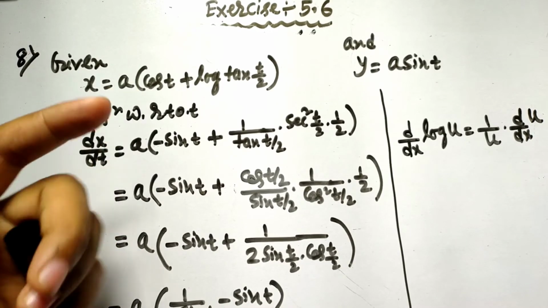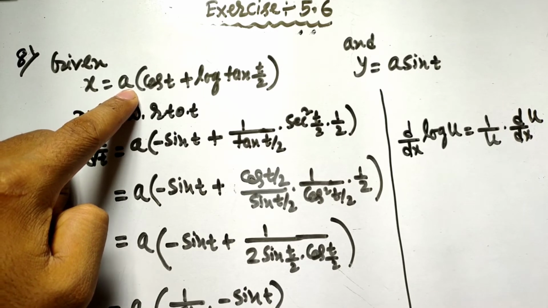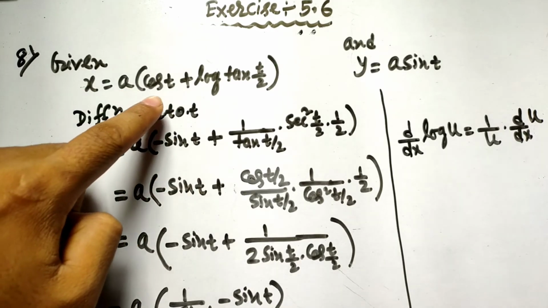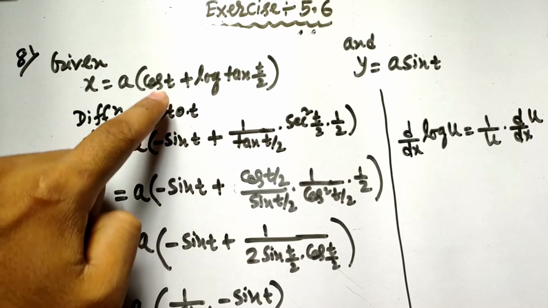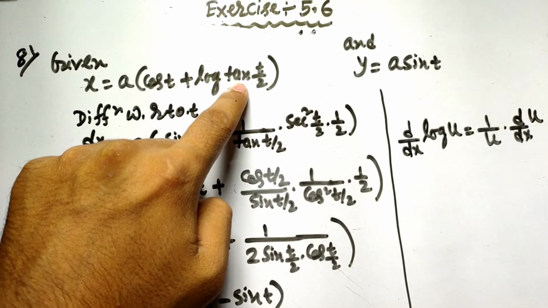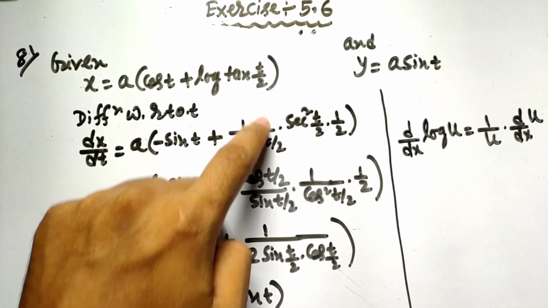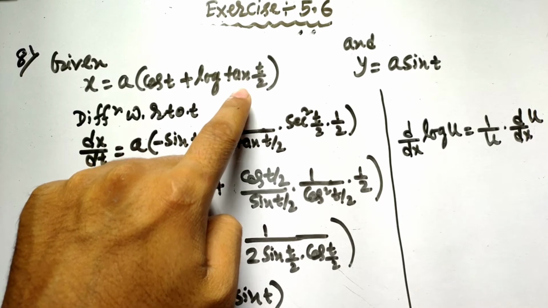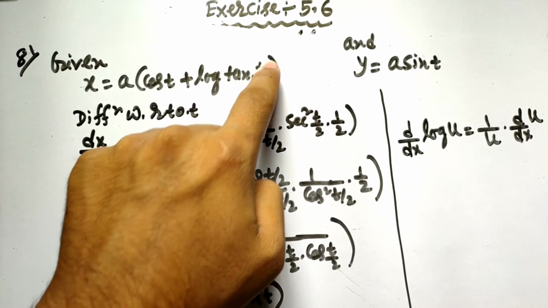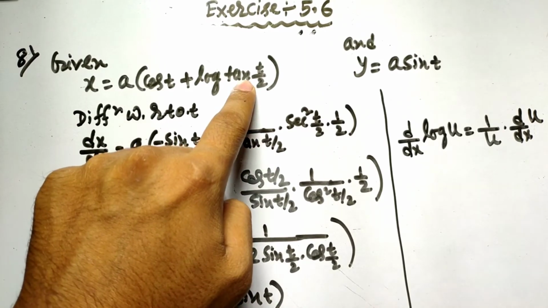You can take a before the derivative. Derivative of cos t is minus sin t, plus consider tan(t/2) as u. So derivative of log u is 1 by u into derivative of u. So derivative of log tan(t/2) is 1 by tan(t/2) into derivative of tan(t/2).